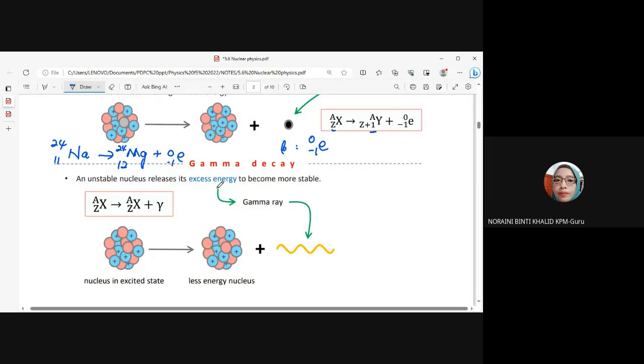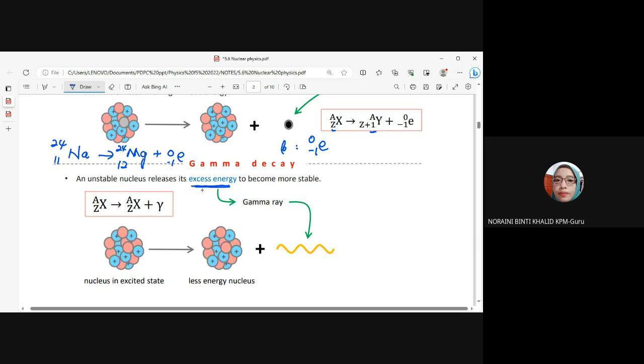We look at gamma decay. Gamma decay, unstable nucleus releases excess energy. Unstable because the energy is too high, like an excited electron at high energy level. So it tends to go to a lower level and release energy.